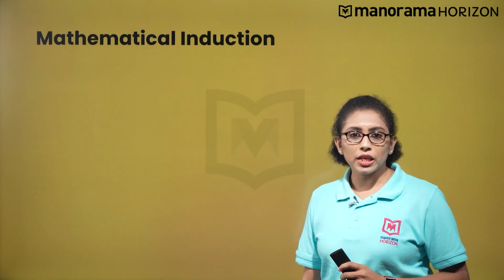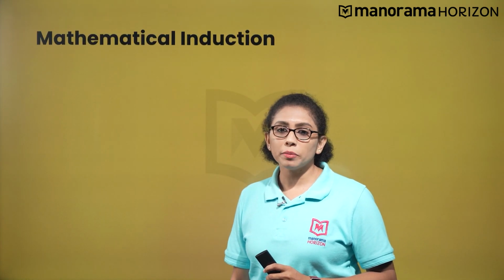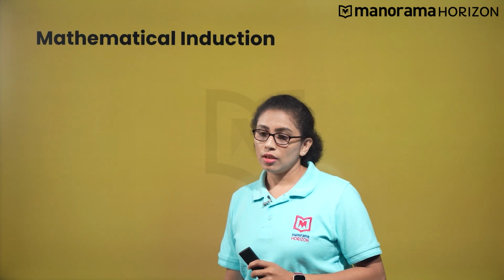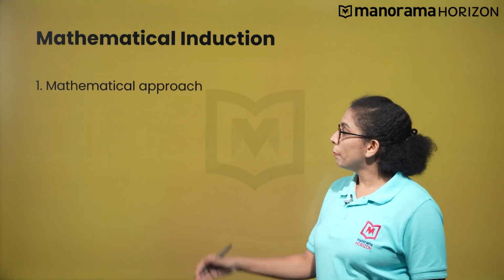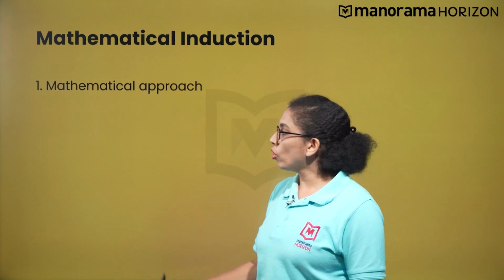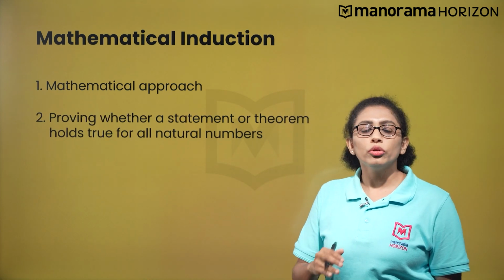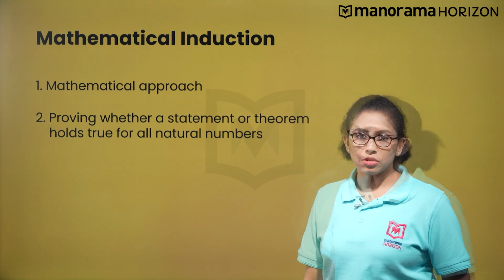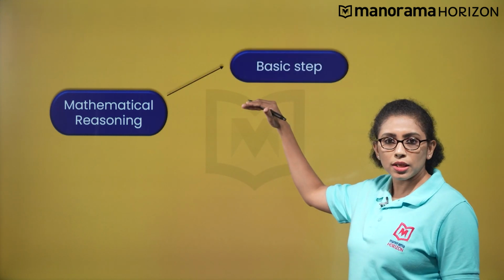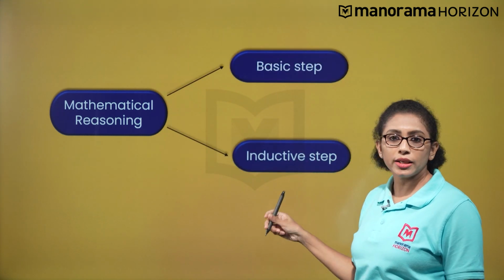Now, let us see what exactly mathematical induction is. Mathematical induction is a mathematical approach for proving whether a statement or theorem holds true for all natural numbers. And this mathematical induction mainly involves two steps. The first step is the basic step and the second step is the inductive step.